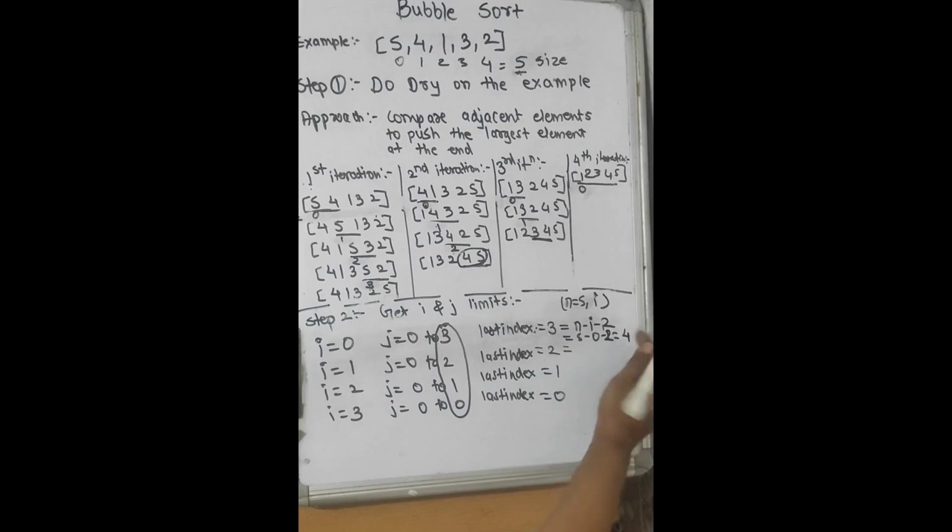So 5 minus 2 equals 3. For this again, n minus i minus 2, n is 5, i is 1, which will be 5 minus 3, 2. n minus i minus 2, here n is 5, i is 2 minus 2, which will be 1, and here n minus i minus 2, n is 5, i is 3 minus 2, which will be 0.